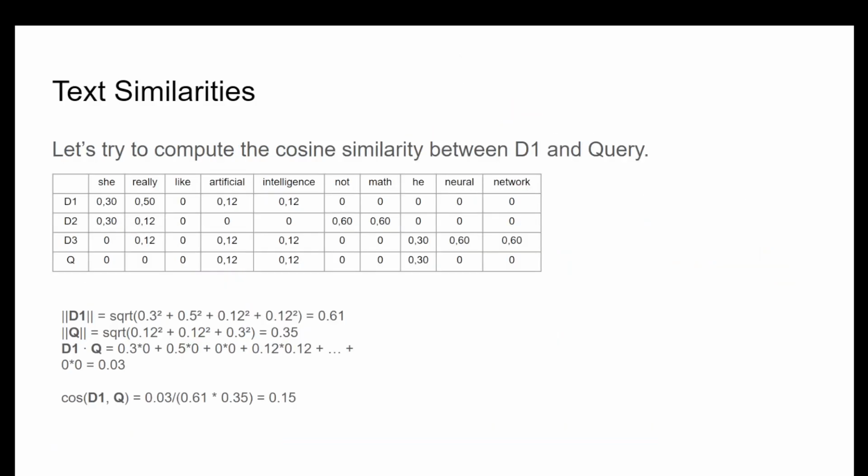So that's actually the basic of cosine. Let's just apply this one. In order to compute the norm of D1, you can use this, kind of like the Pythagorean theorem, but generalized.